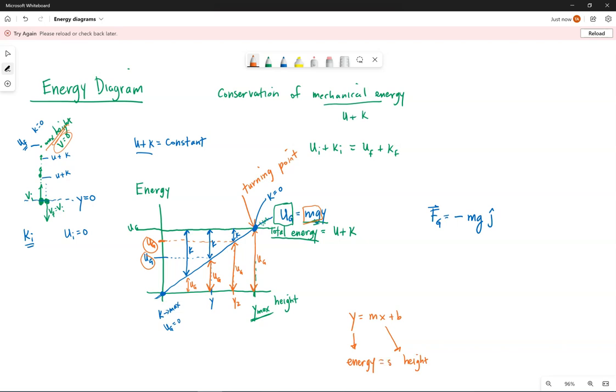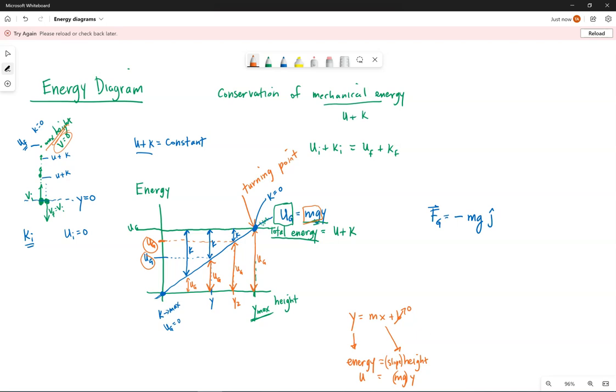The slope then has a specific meaning. There is no y-intercept, the y-intercept is 0, I should say. So if I am relating U to mgy, my slope represents mg. The slope represents the magnitude of the force.